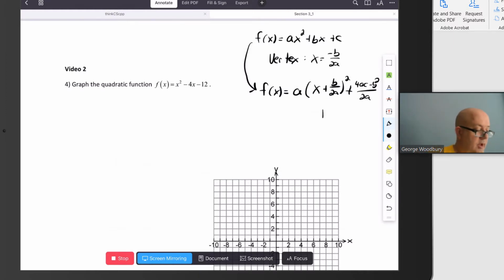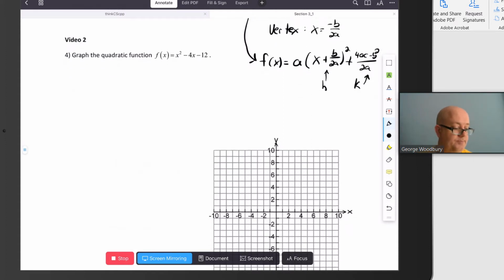And so there is where we get our value for h from, x minus negative b over 2a. And then this value at the end there would be k. I don't think that memorizing that formula makes a lot of sense. We'll just plug that value back in to get the y-coordinate.